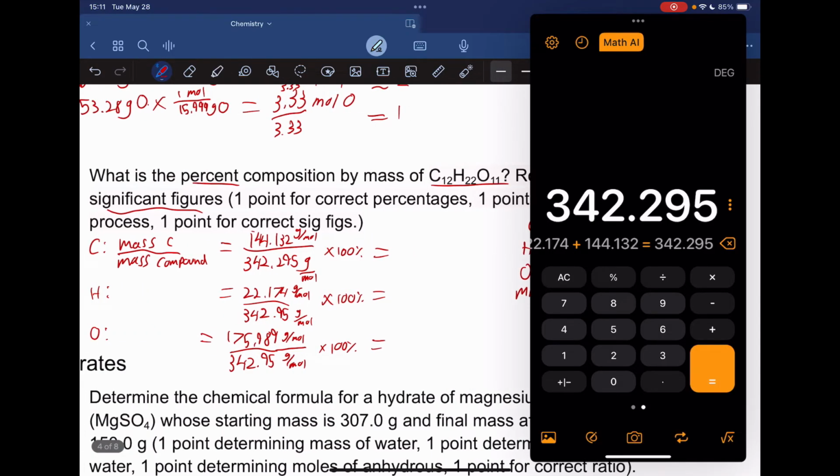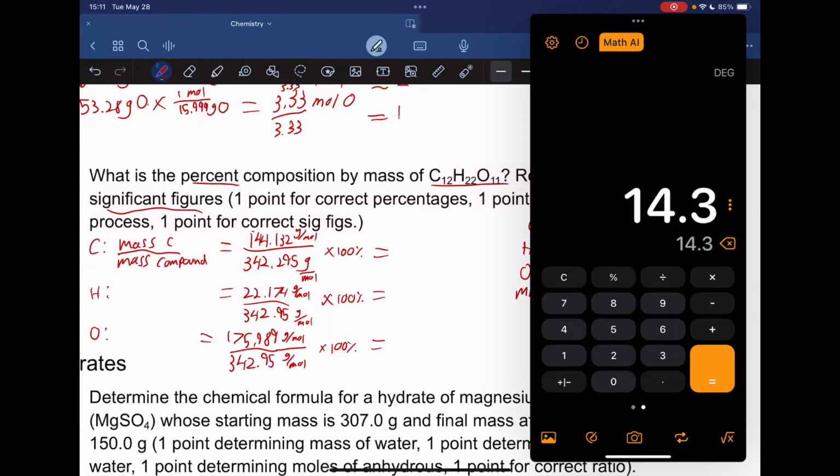let's lay out the calculator here. All right, 144.132. Divide that by 342.295.